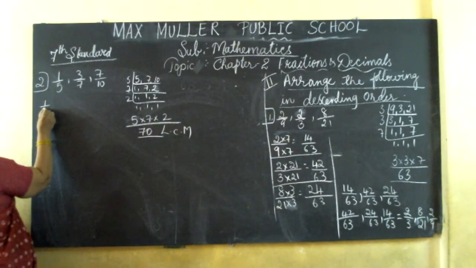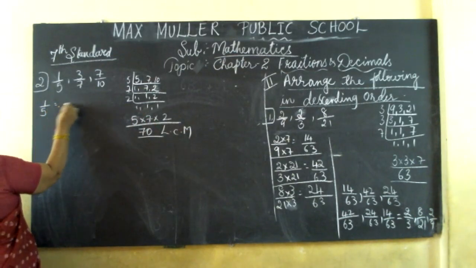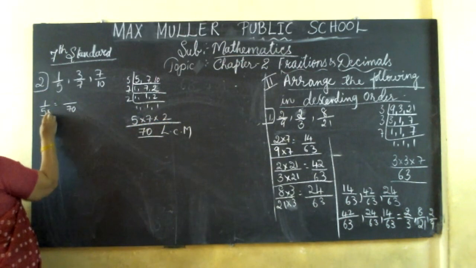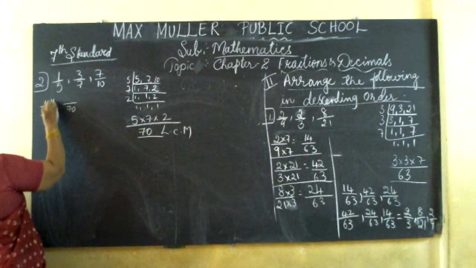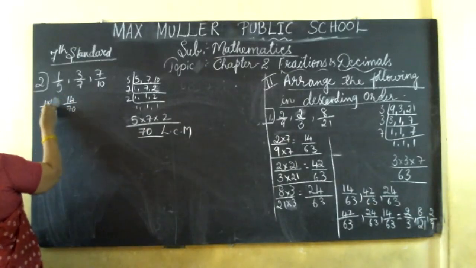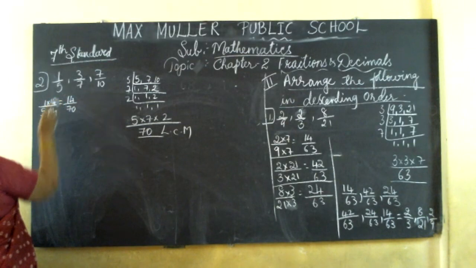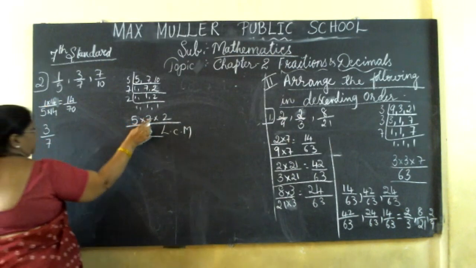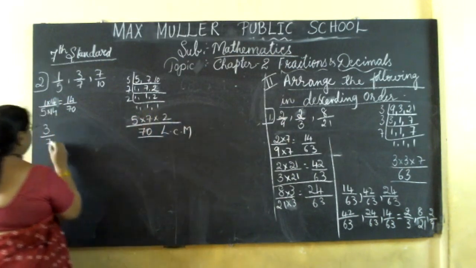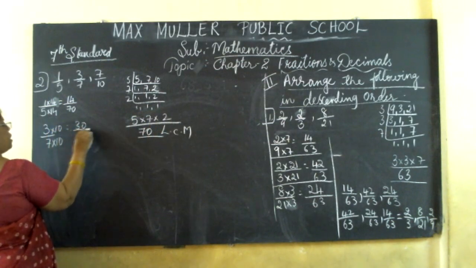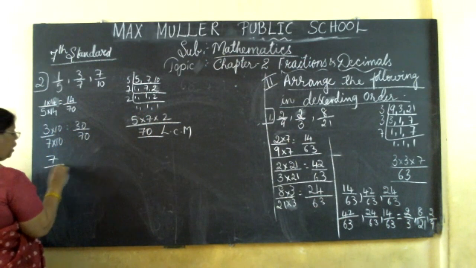So 1 by 5. 5 is there, 7 twos are 14. Into 14, into 14. So 14 by 70. Then 3 by 7. 7 is there, so 5 twos are 10. Into 10, into 10. 30 by 70. 7 by 10.